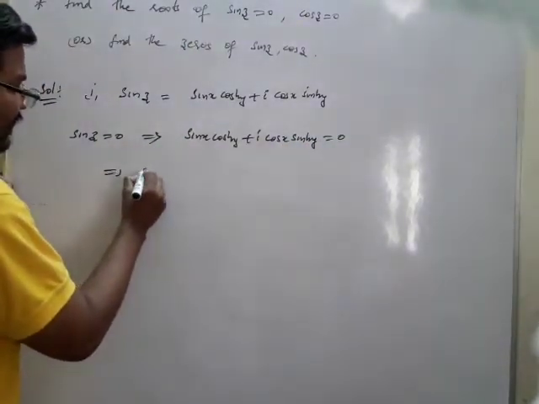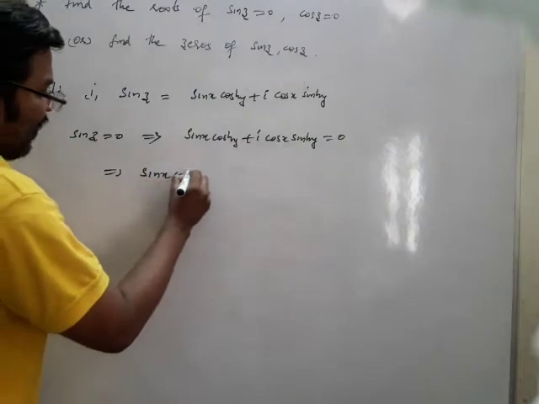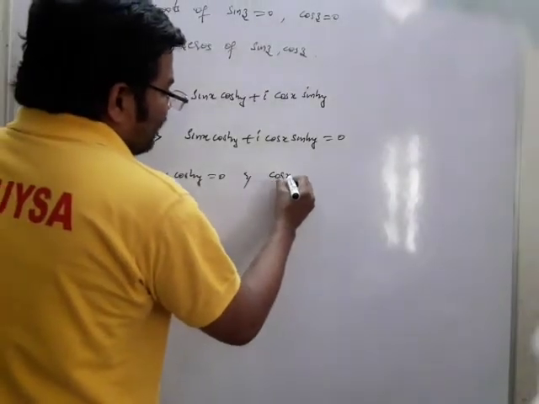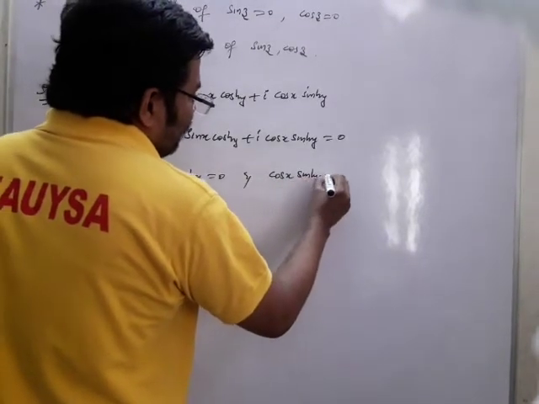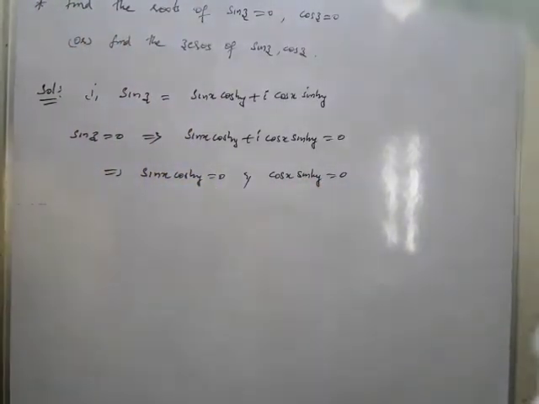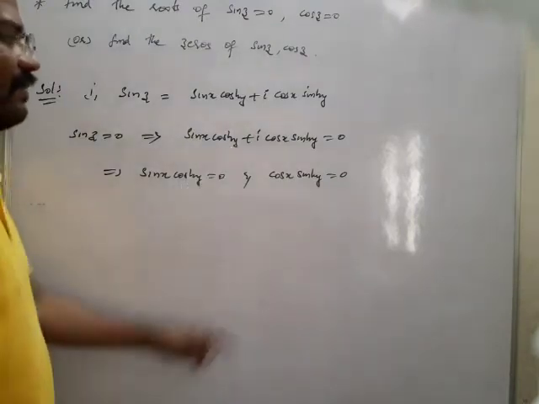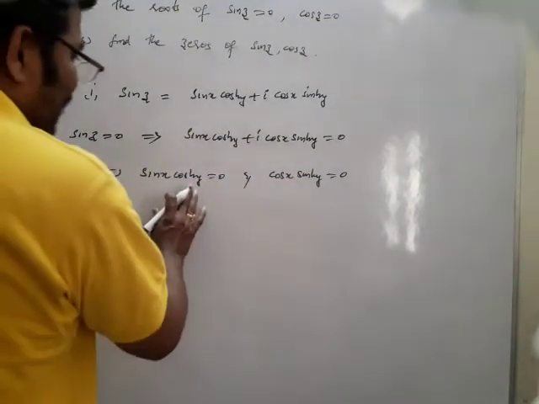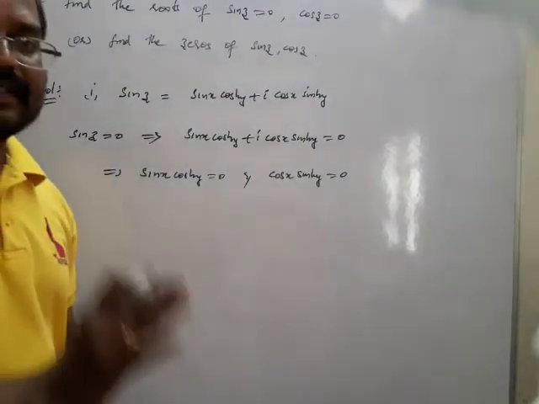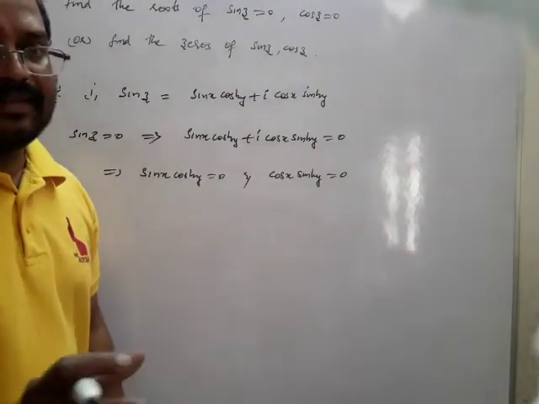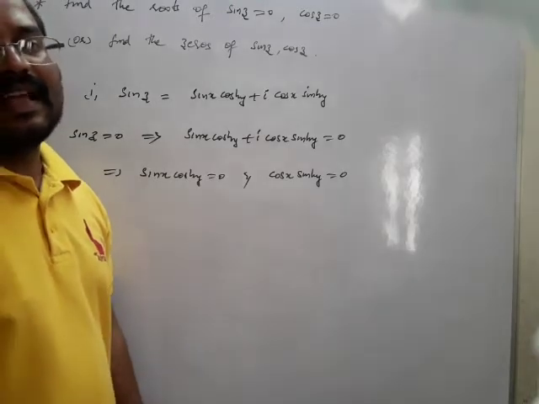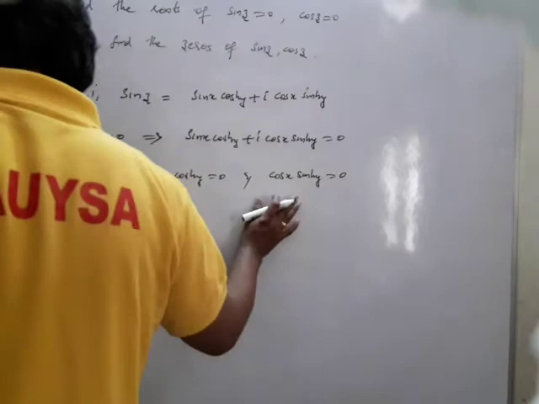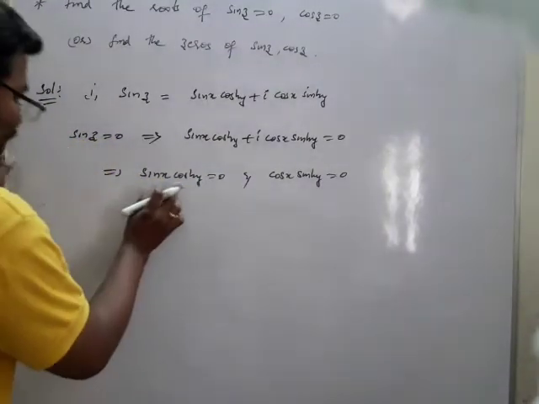So that implies sin x cos hy equal to 0 and cos x sin hy equal to 0, equating the real and imaginary parts to 0. The real part is 0 and the imaginary part is also 0. From this we are going to find the value of x and y, and substitute them so that we will get z. So first we can take this or we can take this. I will take this one.